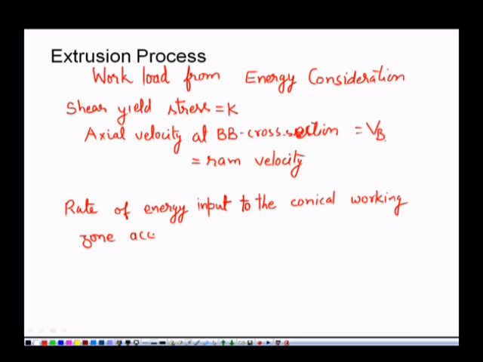Across BB, this would be equal to our sigma x at BB multiplied by pi by 4 d initial square into the velocity of B, or velocity of ram.